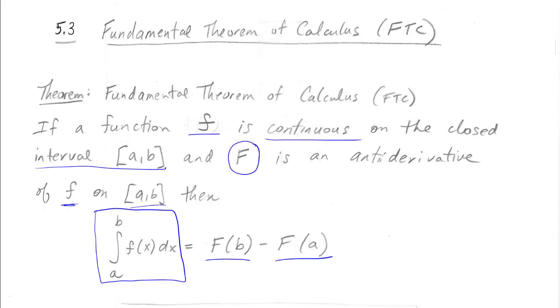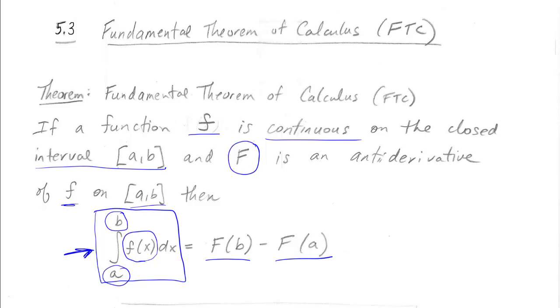It says that if you want to evaluate this integral, what you would do is look for an antiderivative of this and then simply evaluate that antiderivative at b minus the evaluation at a.